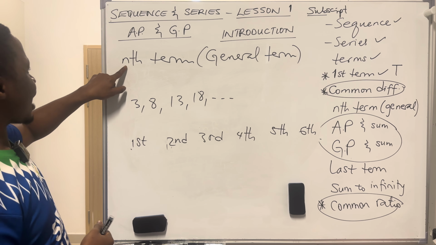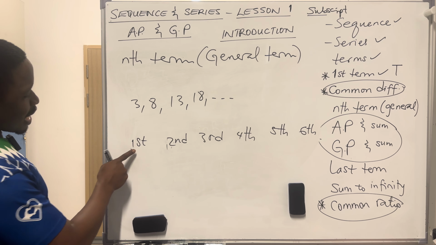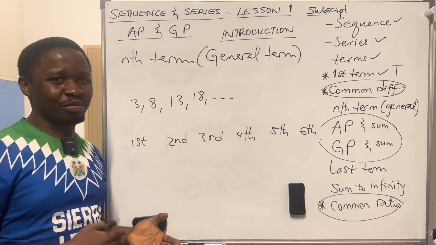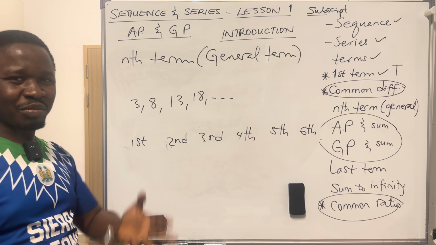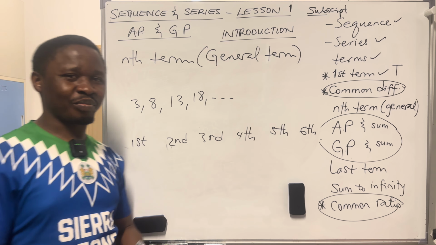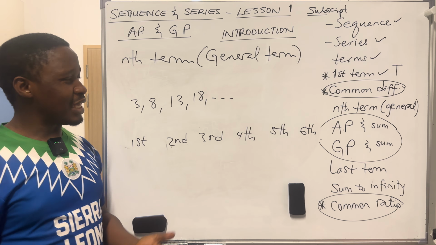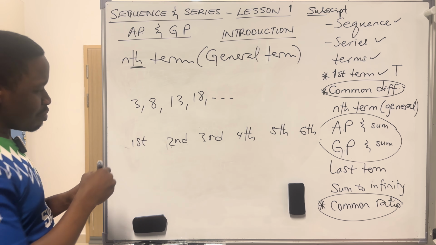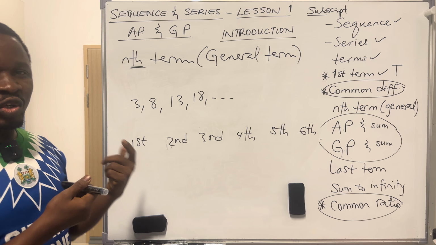Why this nth term in sequence and series? When we talk about first, second, third, fourth, we don't have time to list them all. The only way we can generalize is by saying general term. When we say general term, it could be the first term, the second term, any term. But why th? Because in terms of position, th dominates.